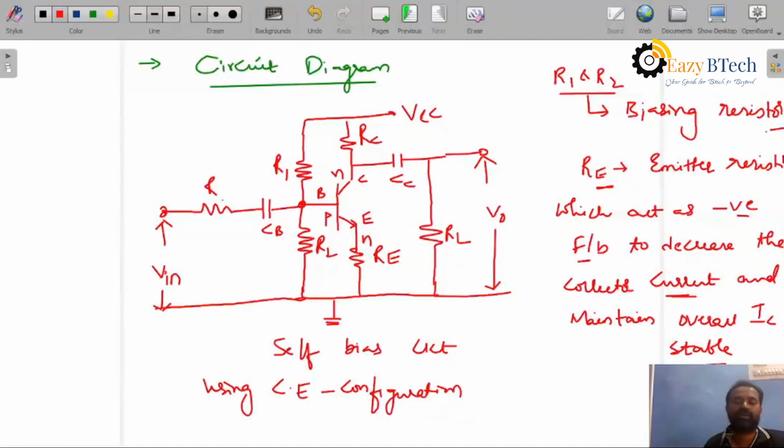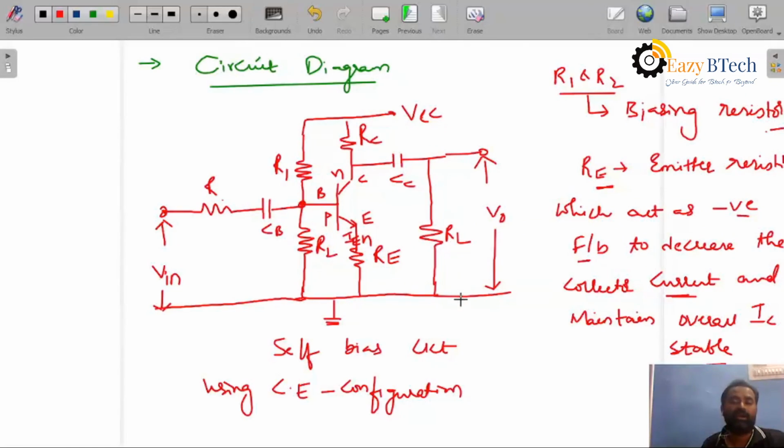Due to temperature, collector current increases, and due to this negative feedback, the current through RE, that is IE, increases, and in such a way the current through the BJT decreases. So IC will tend to increase and IC will decrease. Overall, the collector current, that is the output current, remains stable.